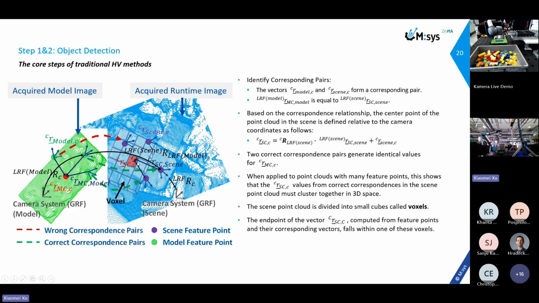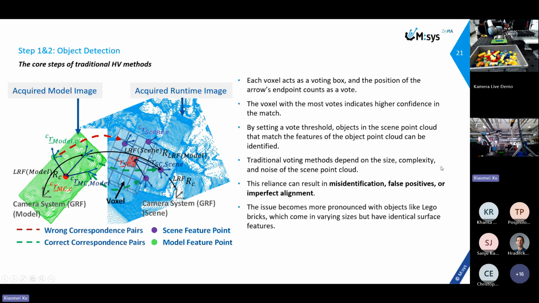To analyze this, we partitioned the scene point cloud into small 3D cubes, or voxels. The endpoints of each vector calculated from feature points and their corresponding vectors fall within one of these voxels. Each voxel functions as a voting bin, where each arrow casts a vote. The voxel that receives the highest number of votes indicates the most probable object location, see the figure, like the arrow here.